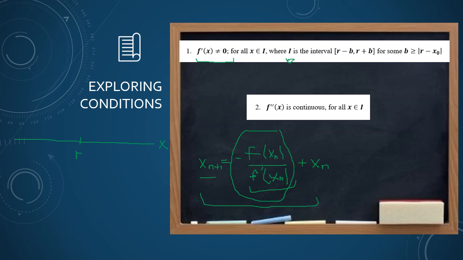So r minus b, so you have some b, and so here r minus b and r plus b. Kind of gets away from you, but you have r plus b.